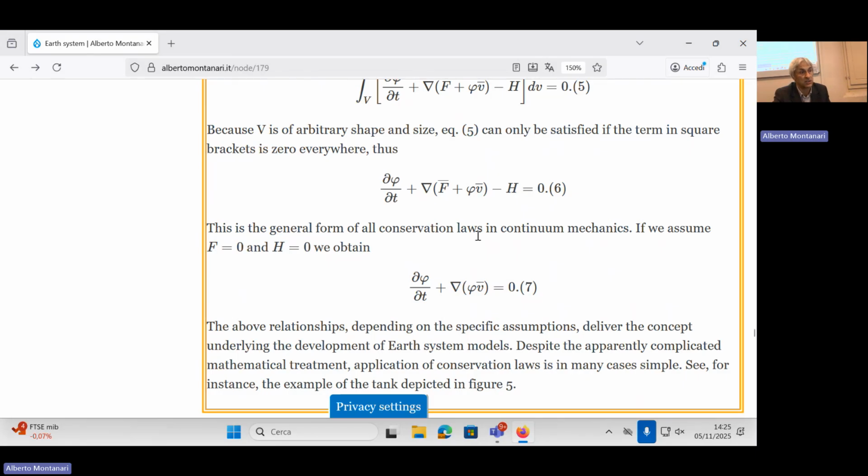If capital F is 0, of course, you obtain something more simplified, and then you are ready to plug in the quantity that you wish instead of lowercase p, like mass and whatever, and you obtain from this equation the conservation of mass, the conservation of energy, and you can recognize basically that also the linear reservoir can be derived from this equation, okay?